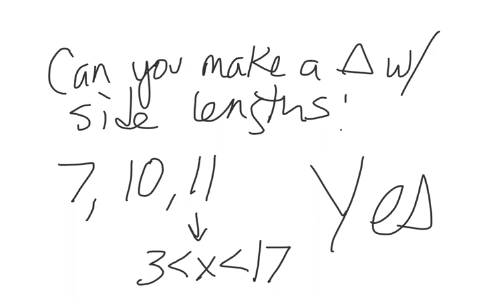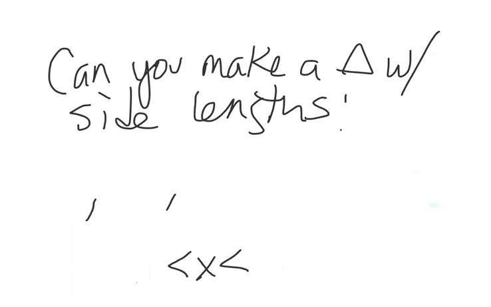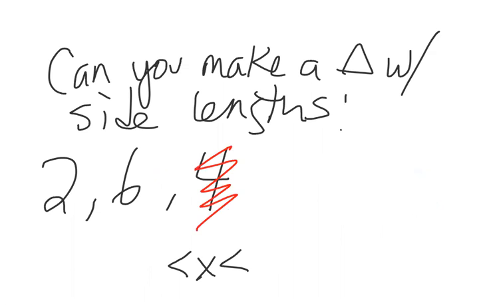The only time this gets tricky is when you have numbers like this. If I gave you 2, 6, and 4, let's say. So again, ignore one number, find your range. In this case, if I subtract, I'm going to get a 4. If I add, I'm going to get an 8.